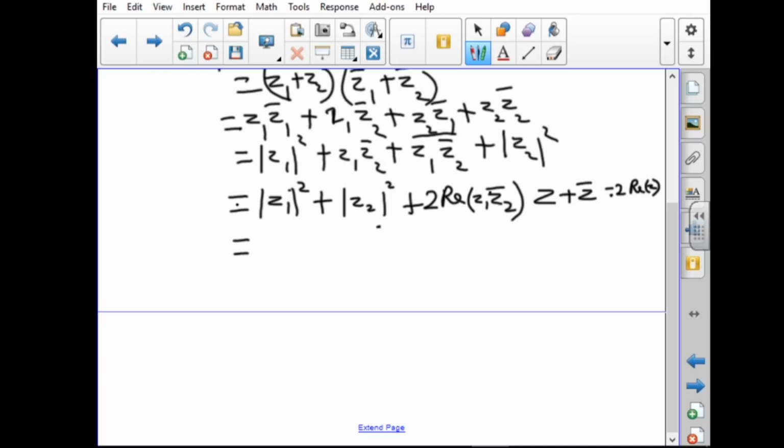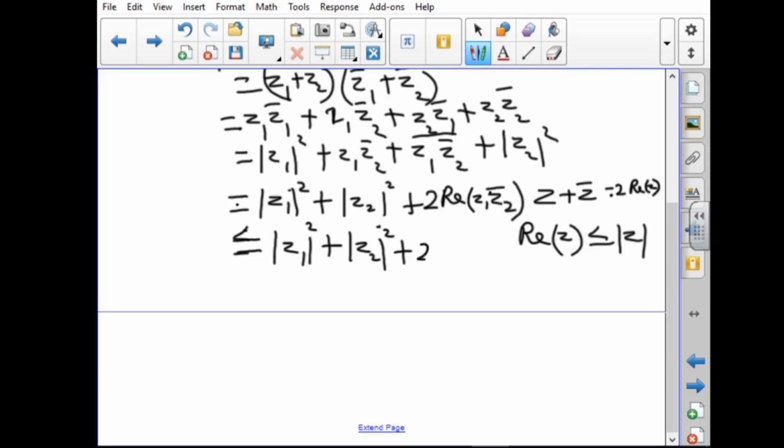Now, again we have a result for the real part, which we have seen in this exercise, the properties of the modulus of a complex number: real part of z is less than or equal to modulus of z. Therefore, this becomes less than or equal to modulus of z1 square plus modulus of z2 square plus 2 into modulus of z1 into z2 bar.